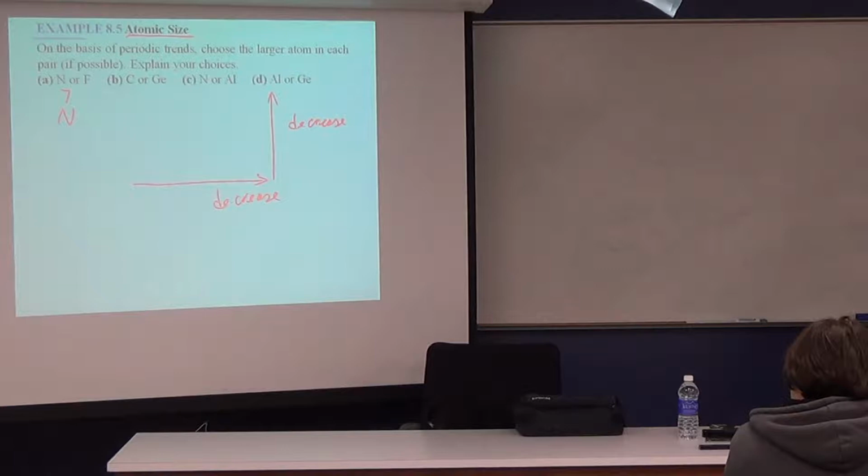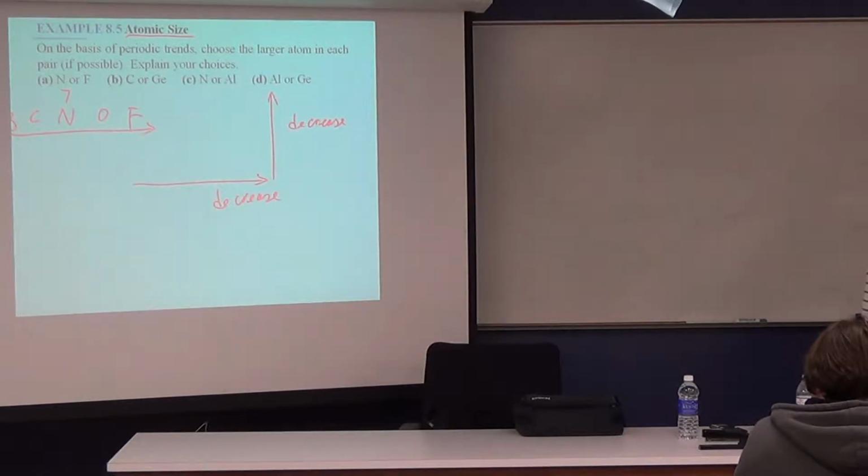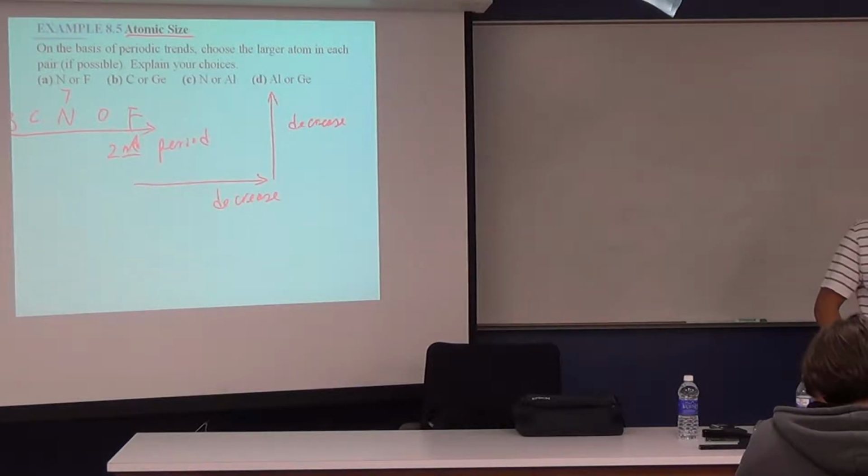You start with boron on this side, the so-called P block, then carbon, then nitrogen, then oxygen, then fluorine. All these elements are in the so-called second period.